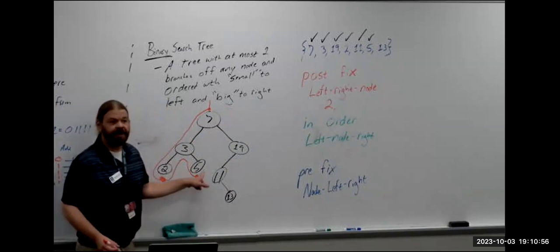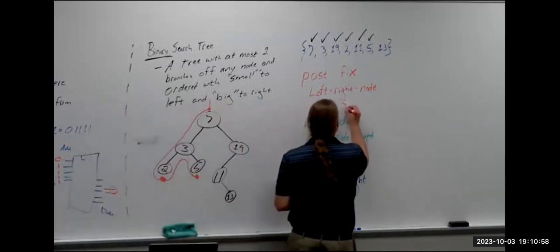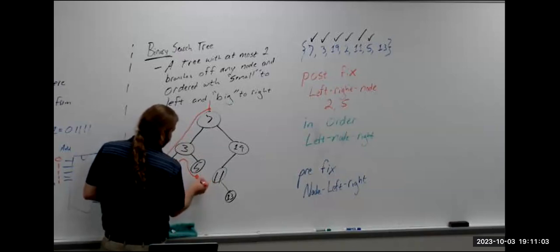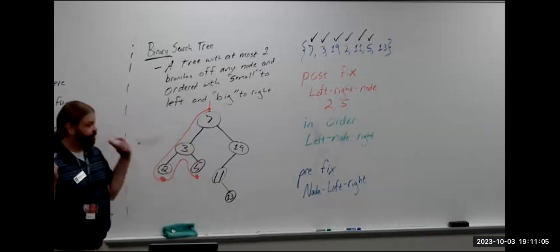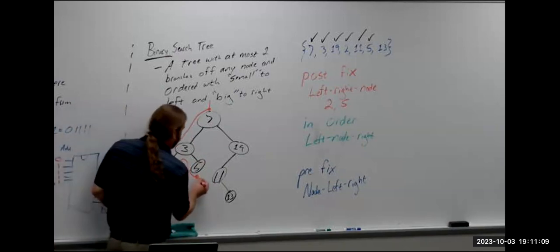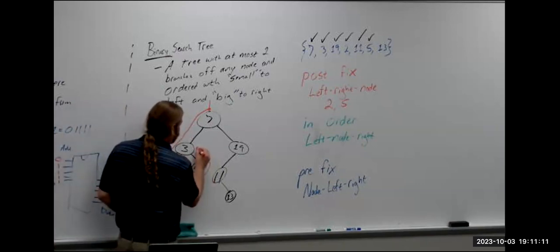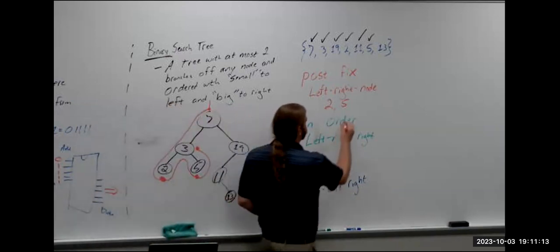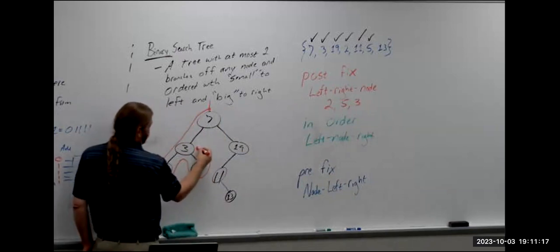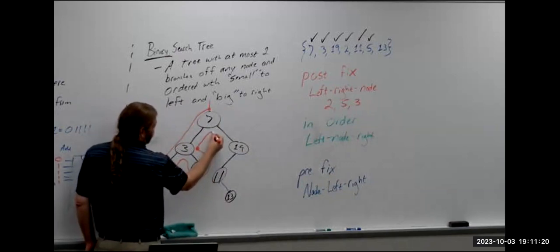We can't go any further right, so we'll use that one. We already went left. We can't go left, can't go right. So now we're ready to come around and grab that node. So we get a 3. We'll continue around, going right.